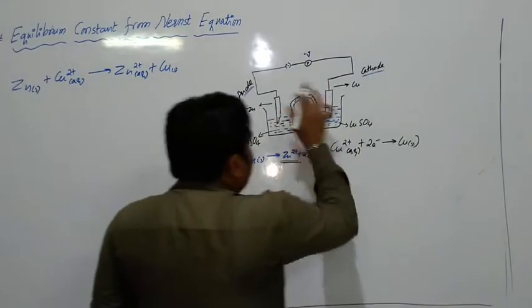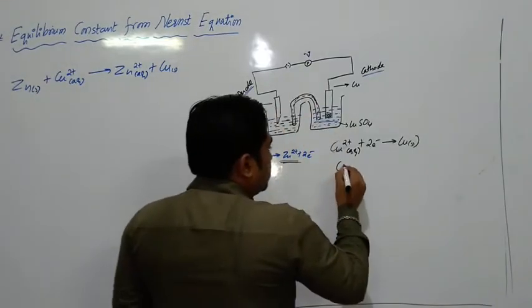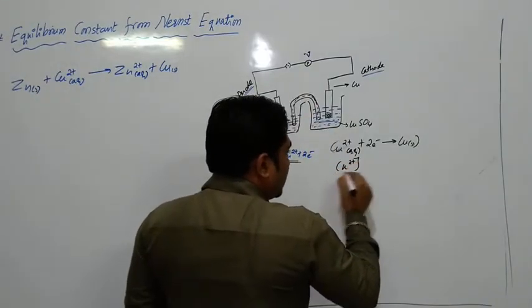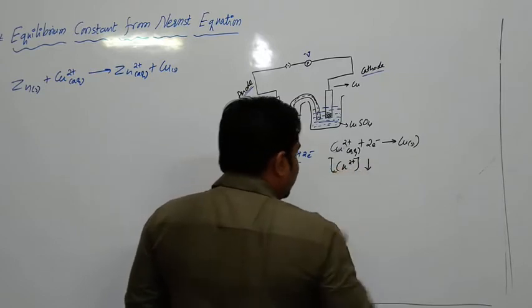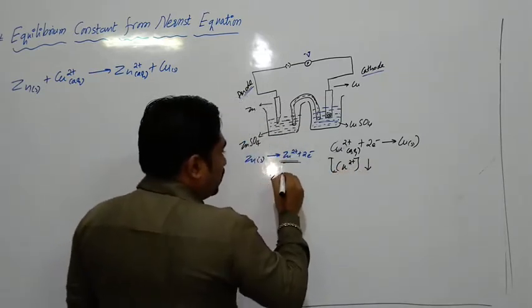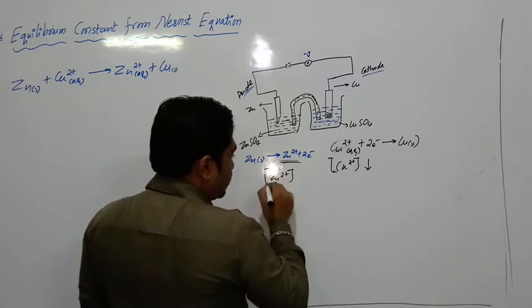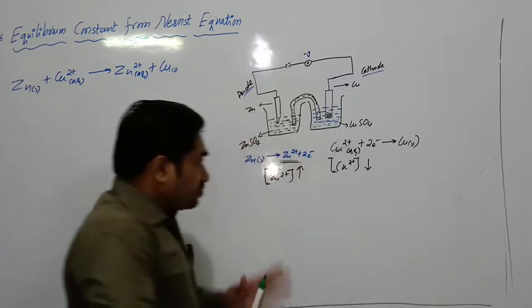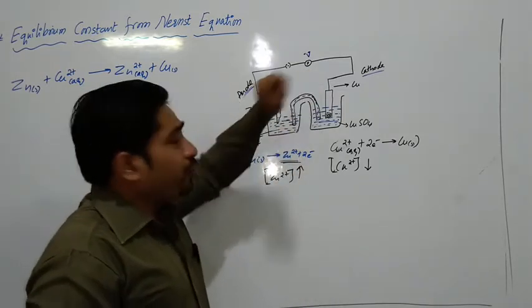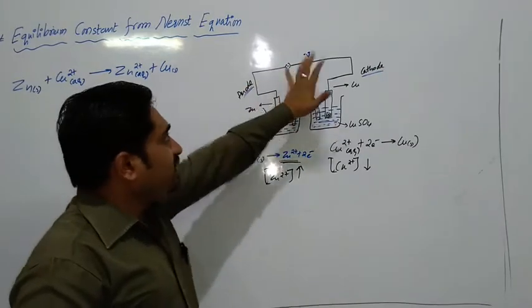Here, as the reaction continues, the concentration of Cu2+ ion in the solution goes on decreasing. The concentration of Zn2+ ion in the solution goes on increasing. Then what about the potential difference or voltage read in the voltmeter?